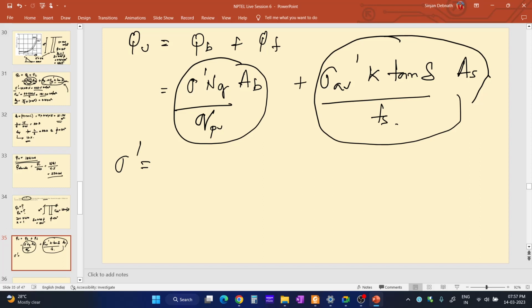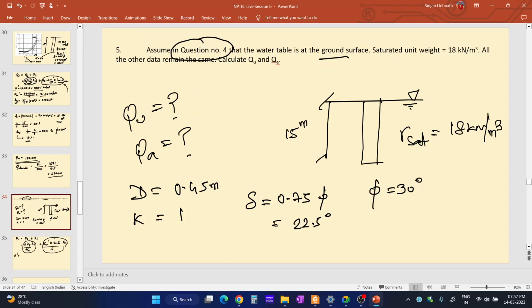So what is sigma dash? Sigma dash is the effective overburden pressure at the base of the pile. So what will be the effective overburden pressure at the base of the pile? Over here, the pile is totally submerged because the pile is below the water table.